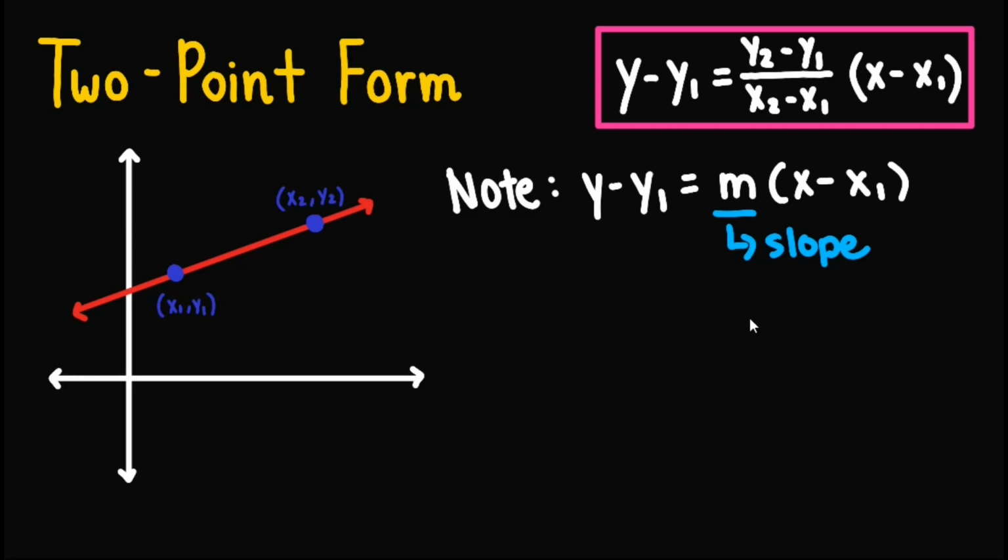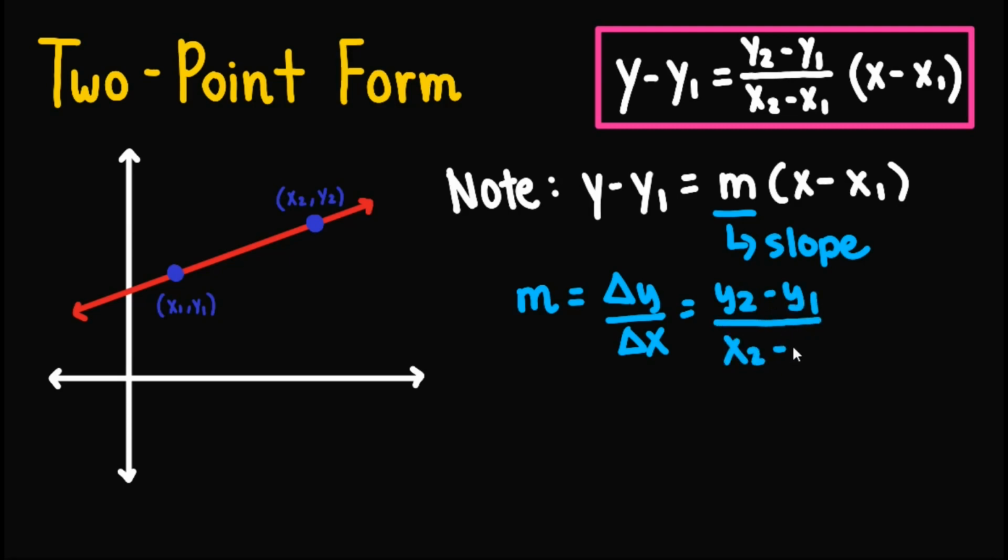Given 2 points, we know that the slope of the line is given by the change in y over the change in x, or y sub 2 minus y sub 1 over x sub 2 minus x sub 1. So we can plug this into the point-slope form.